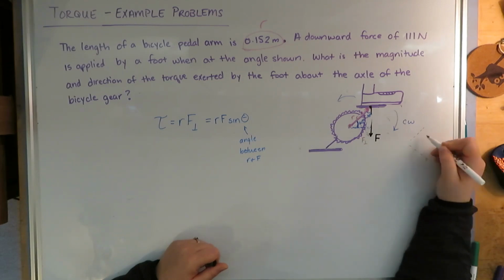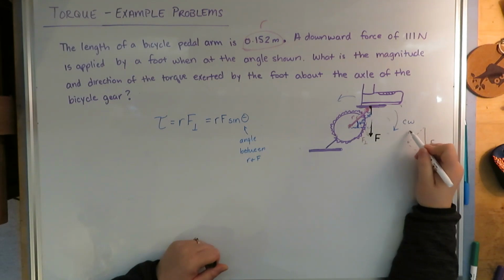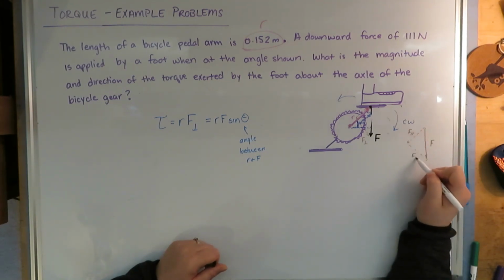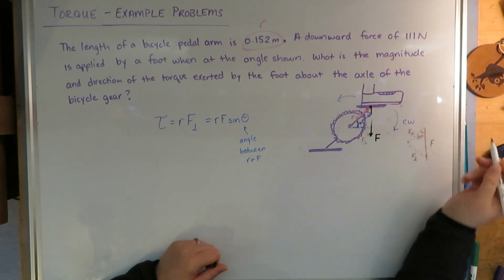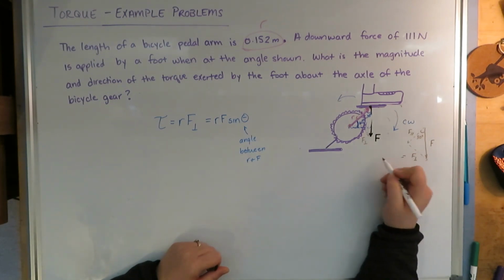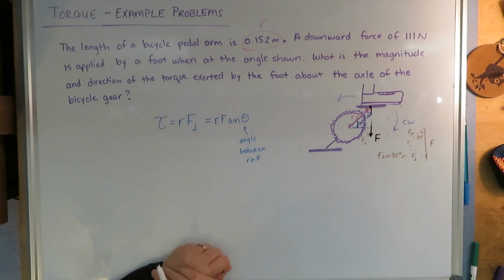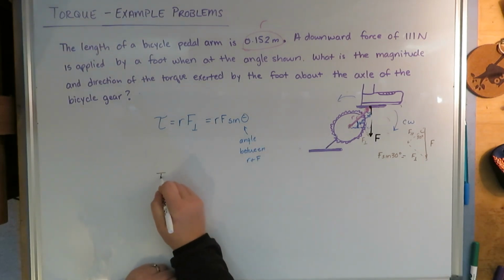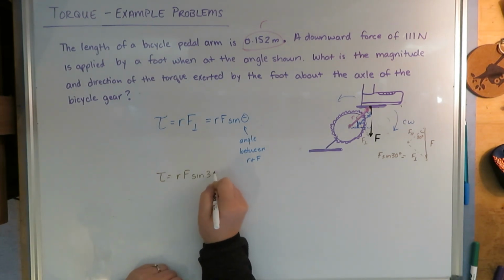So if I draw that out over here, here's my force, here would be F parallel to R, and here would be F perpendicular to R. That's just the same triangle. This is 30 degrees, so you can see that F perpendicular is going to equal F sine of 30 degrees. 30 degrees is also an angle between R and F, so it meets both definitions. That means our torque is going to be R F sine of 30 degrees.